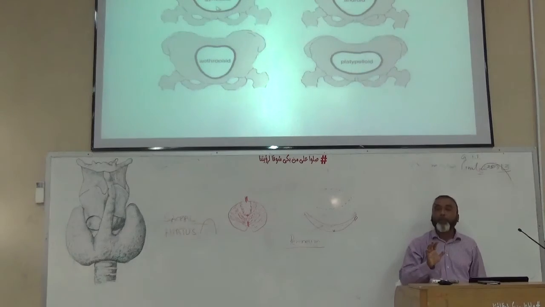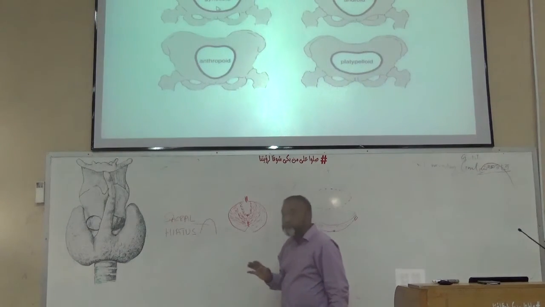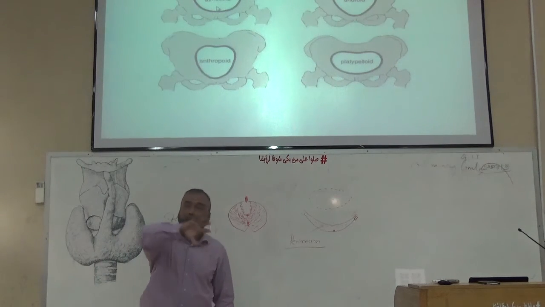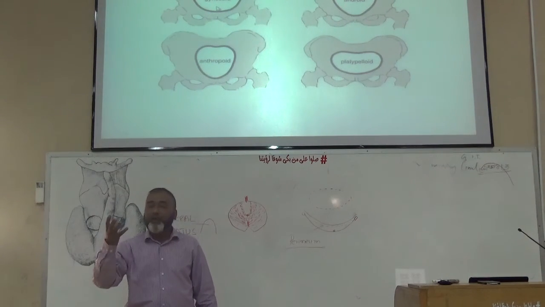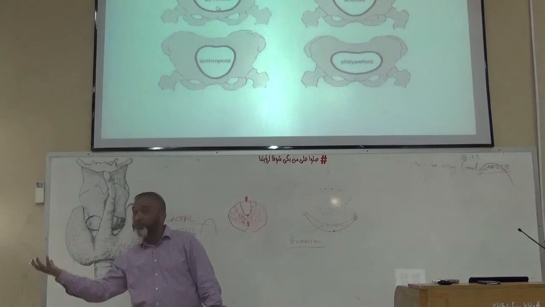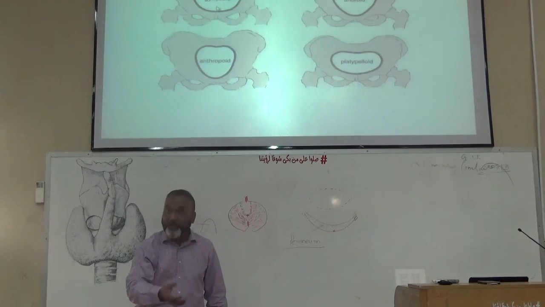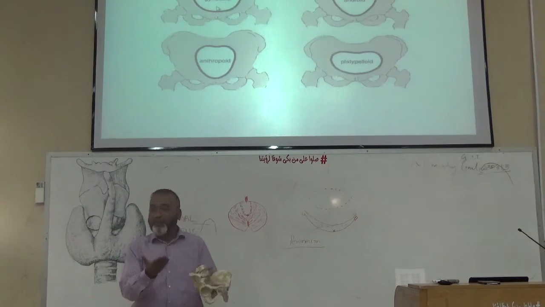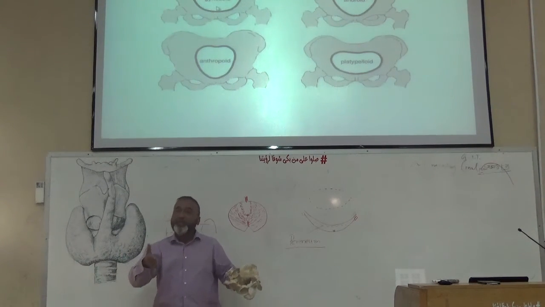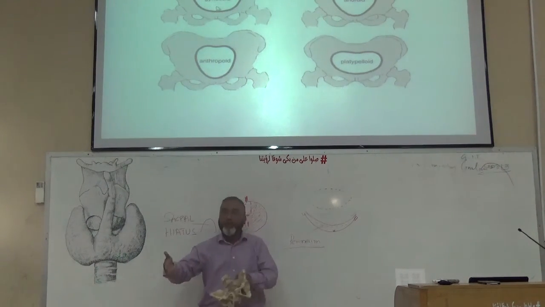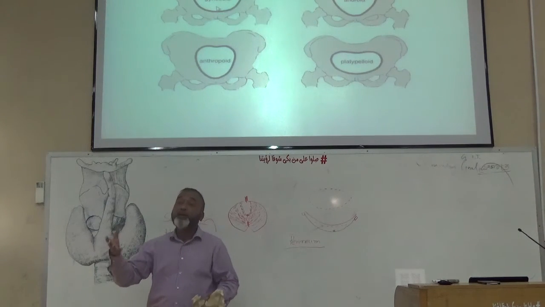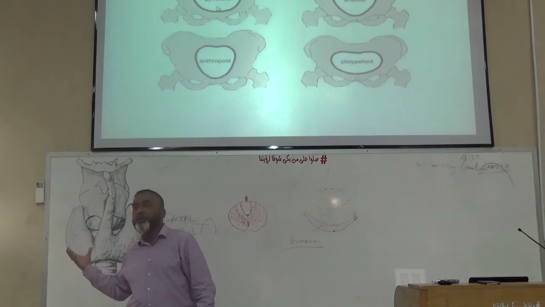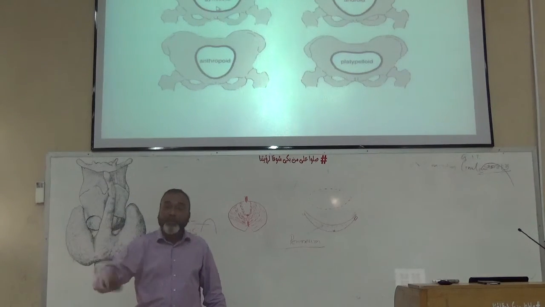So does it change with time or what? No, it does not change with time. It depends on the females coming from different localities, or there may be genetic transfer of the shape of the pelvis from the mother to the daughter, or conditions like malnutrition, or those females who do too much labor work.